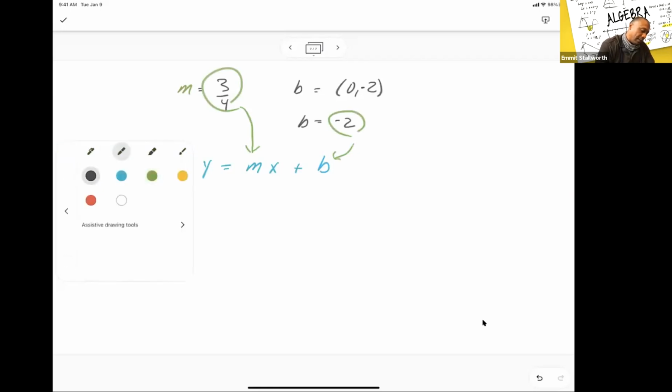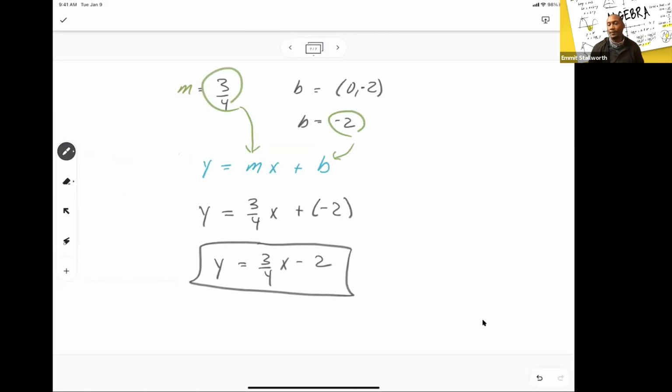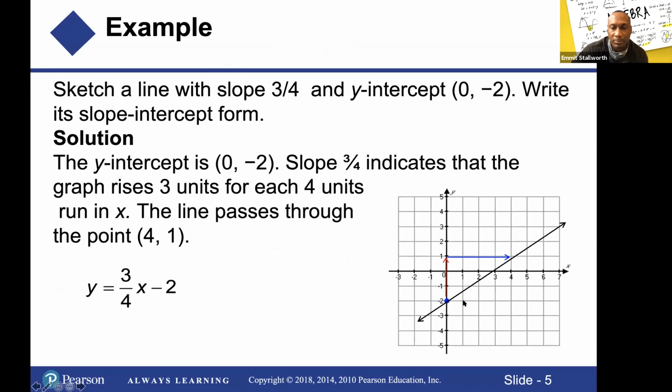And it's going to look like this: y is equal to 3/4 x plus a -2. Or you can just get eloquent with it: y is equal to 3/4 x minus 2. And there we go. Okay. Hopefully that makes sense. And that's how we arrived at that.